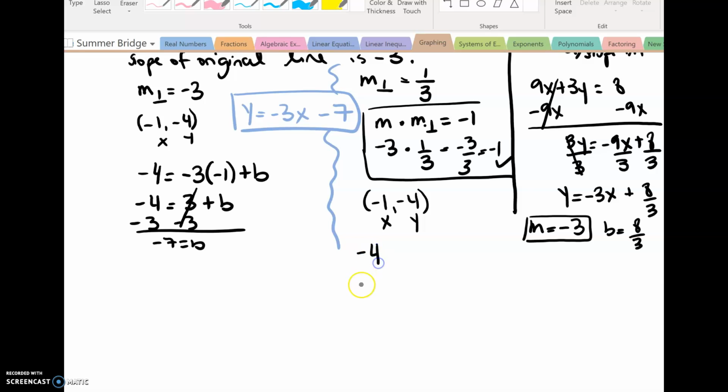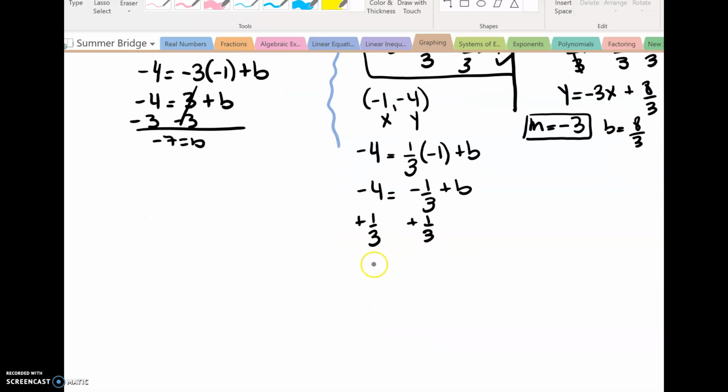So my y value is negative 4, and that's going to equal my slope, 1/3, times my x value, which is negative 1, plus my b. So I have negative 4 is equal to negative 1/3 plus b. I'm going to add 1/3 to both sides. So I now have negative 4 plus 1/3 is equal to b.